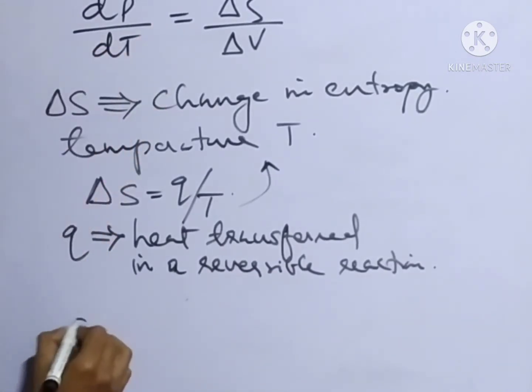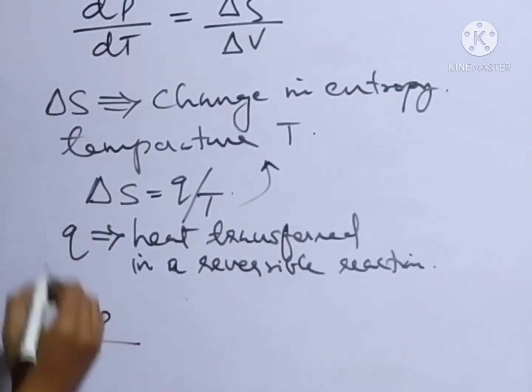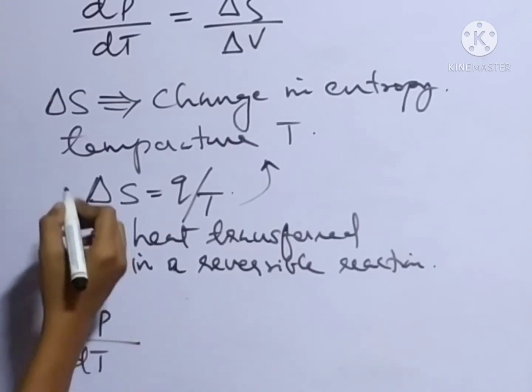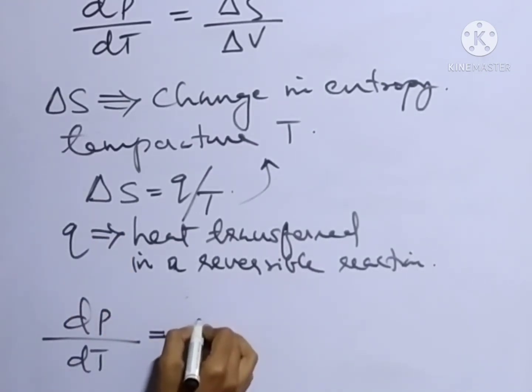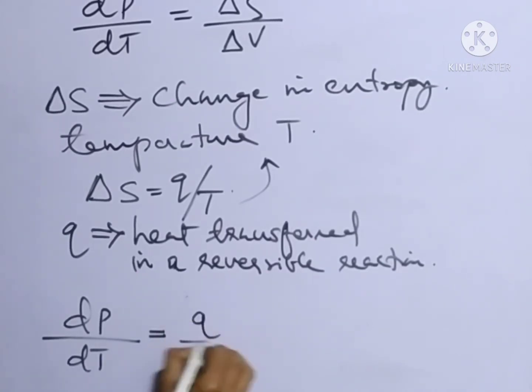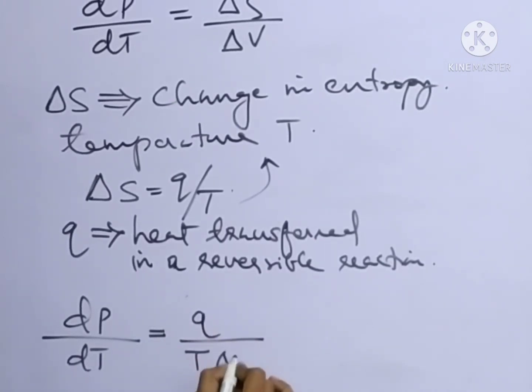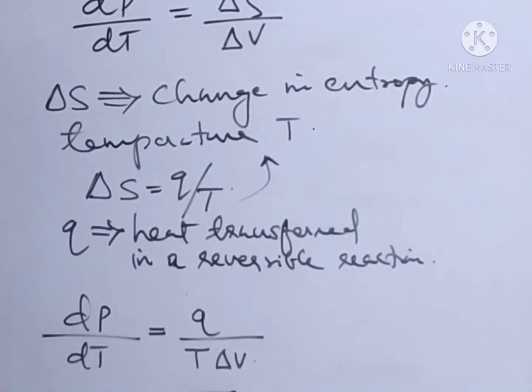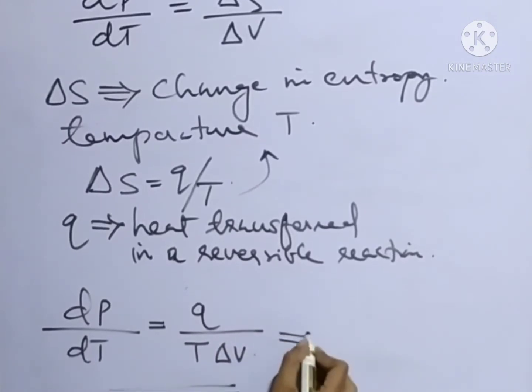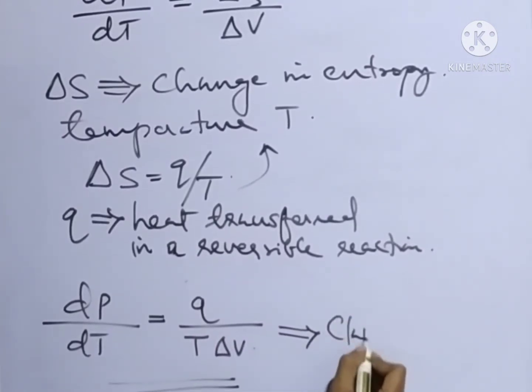So this equation will be dP divided by dT equals Q divided by T delta V. So this is the Clapeyron equation.